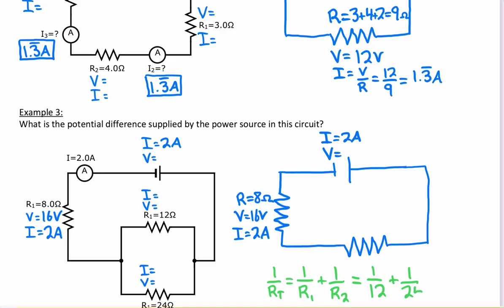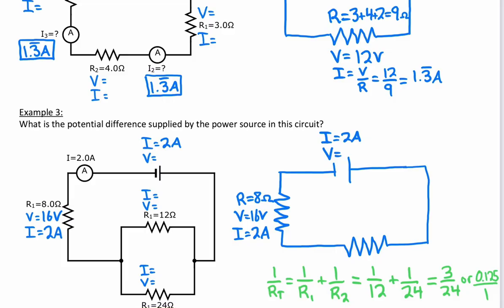R2 is 24, and that gives 3 out of 24 if you like working with fractions, or 0.125 if you like working with decimals. And 0.125 can be written as 0.125 over 1.